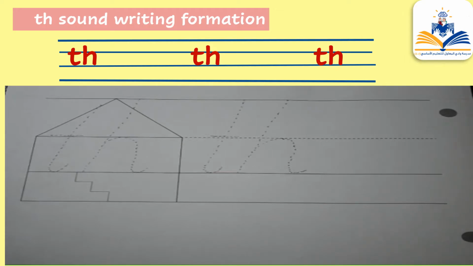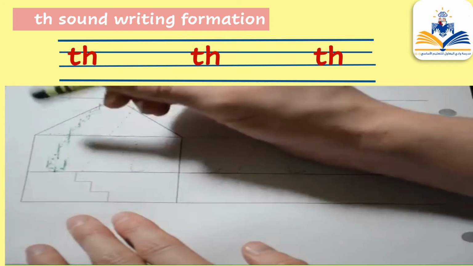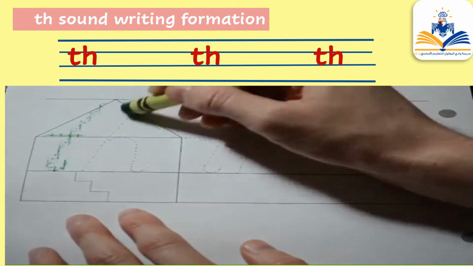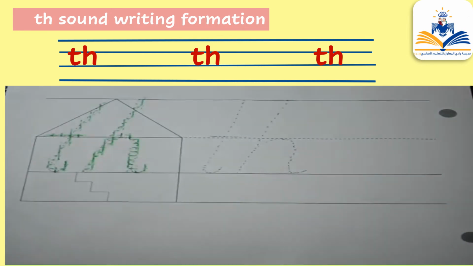Okay class, we're going to form TH says V. We know how to make a T, we know how to make an H. Let's put it together to make this digraph. T, H says V. Let's try this together.